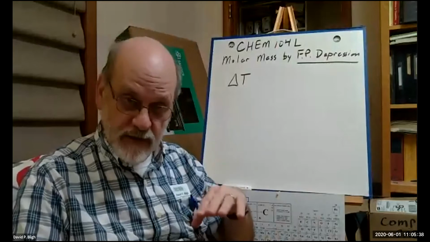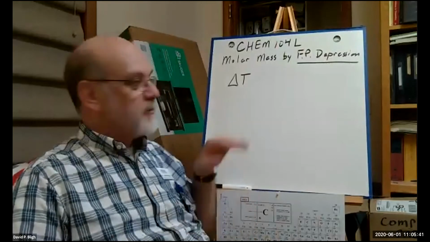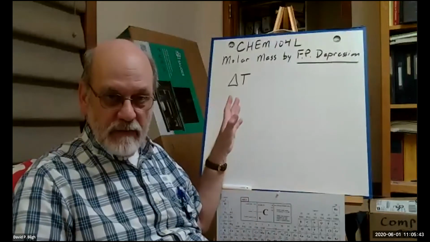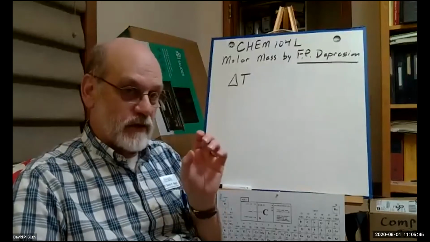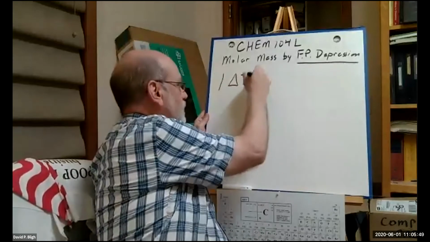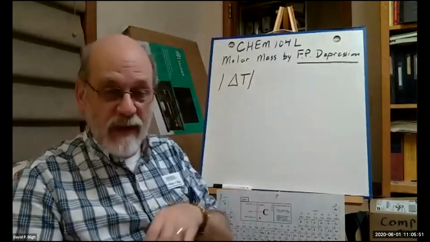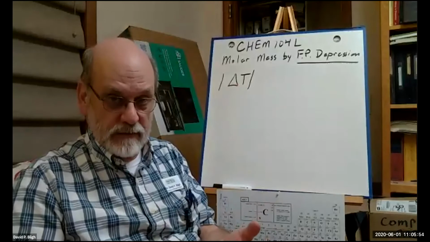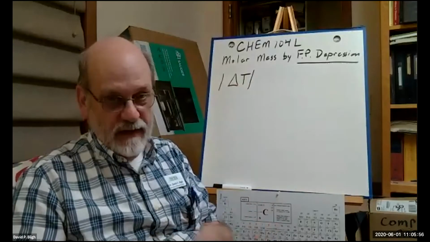So the freezing point is depressed. But the delta T that we're interested in is the absolute value of that depression. Right? So we only care about the magnitude, the number. We don't care about the sign.